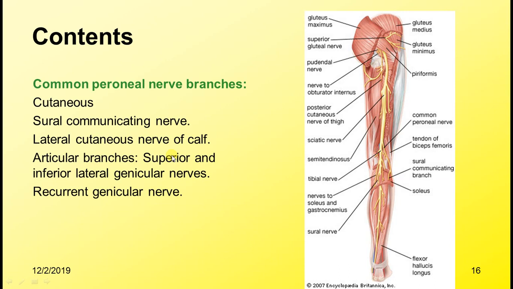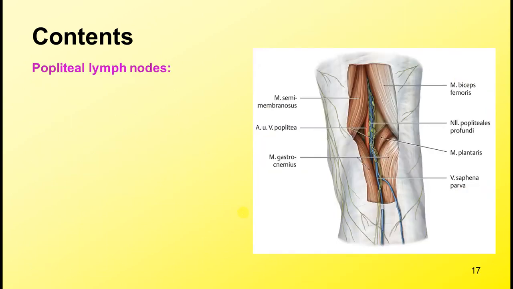Apart from that, the tibial nerve also gives vasomotor branches, sympathetic nerves to the blood vessels, mainly from the T10 to L2 segments. So the sympathetic flow arises from the T10 to L2 segments of the spinal cord, and they supply the blood vessels. So that is mainly from the tibial nerve.